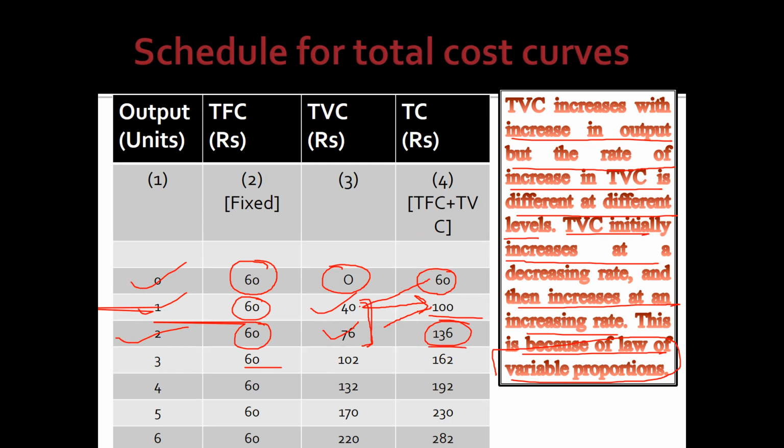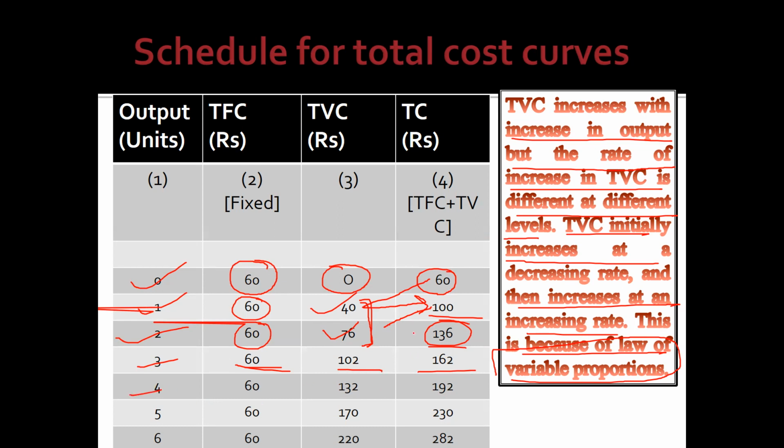After that, when we are producing the third unit, again 60 is the fixed cost and the variable cost, TVC, is 102. When we add all these things, that becomes 162, and so on.